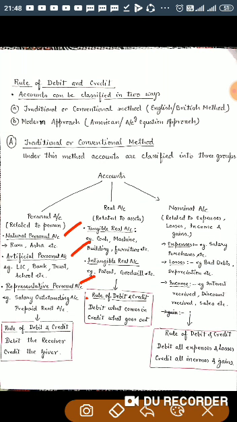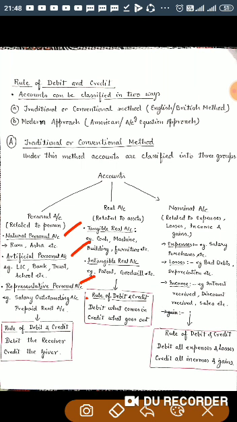Natural person means any human being, for example Ram, Asha, etc. Artificial person is any organization or institution which works like a person, like LIC, bank, trust, school, any body corporate, because they work like a person.